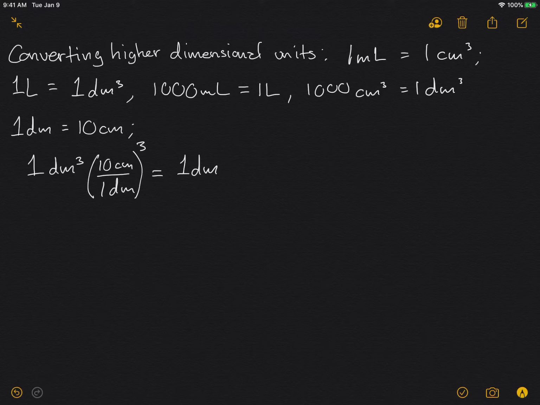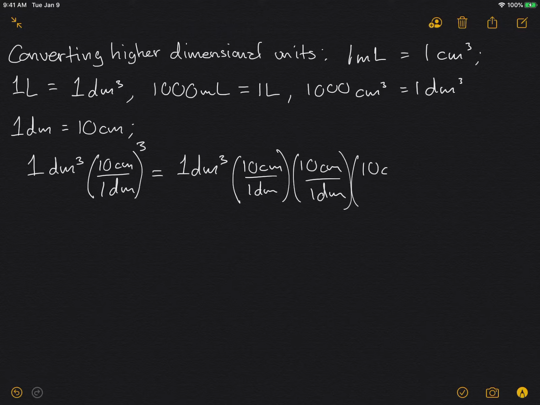So 1 cubic decimeter, that's already cubed. If we cube this unit conversion factor, we're basically multiplying it by itself 3 times. That's what it means to cube this factor. So mathematically, this is what it looks like. And so basically, 10 times itself 3 times is 1,000.